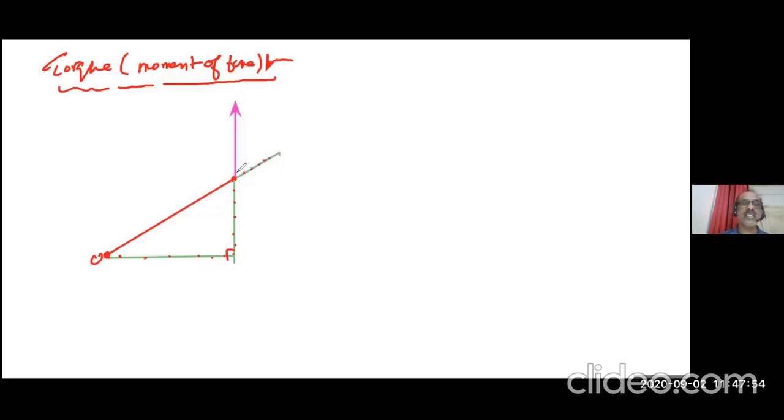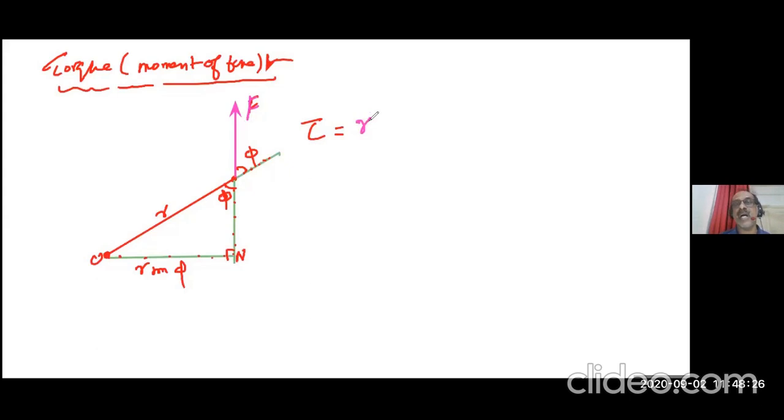This angle is phi. This angle is also phi. This is R. Okay, this side is N. So this ON is nothing but the opposite side of this one. That means R sine phi. And we have written torque, or moment of force, is equal to force into the perpendicular distance to the line of action of force.